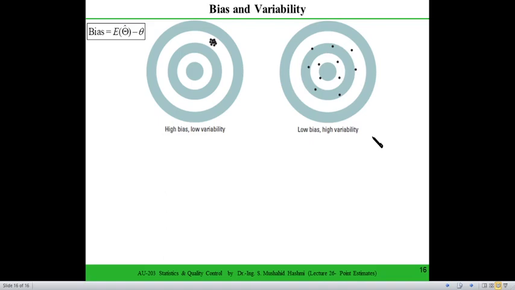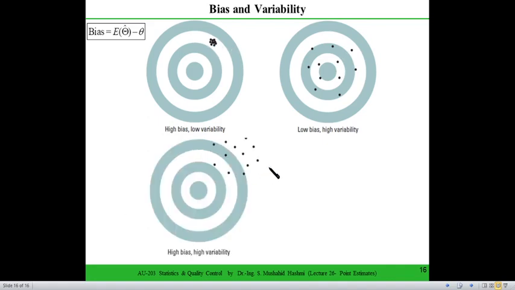But low bias, because this target is the bullseye, and I think 1, 2, 3, 4 observations are close to the bullseye, and the next circle would have most of the observations representing the true value. So that would be called low bias, but the variability is quite high because within the observations there are a lot of differences.